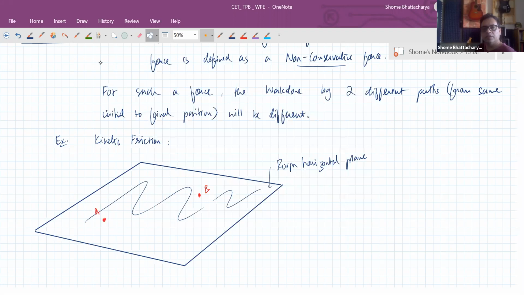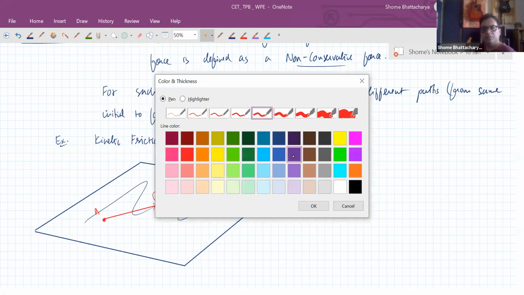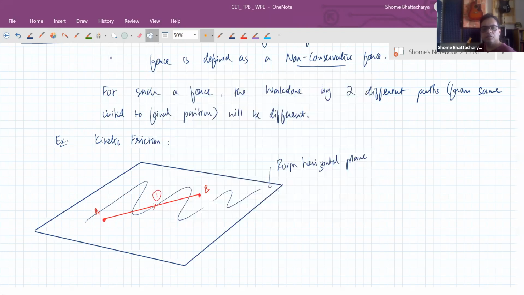In one case, we are taking it by a direct path like this, and in another case, we are taking it by two different paths like this.